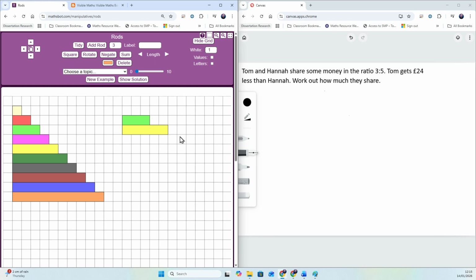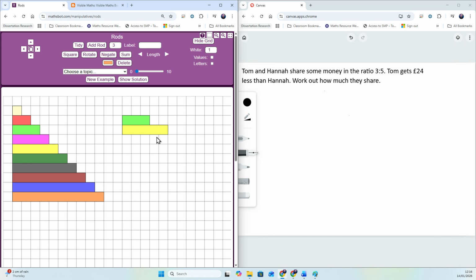What I'm looking for here is for kids to be telling me this is 5/3 of this one, this is 3/5 of that one. Those multiplicative relationships between the rods, which, as I explained before, and I will explain again, are for me the crucial relationship that exists within ratio.